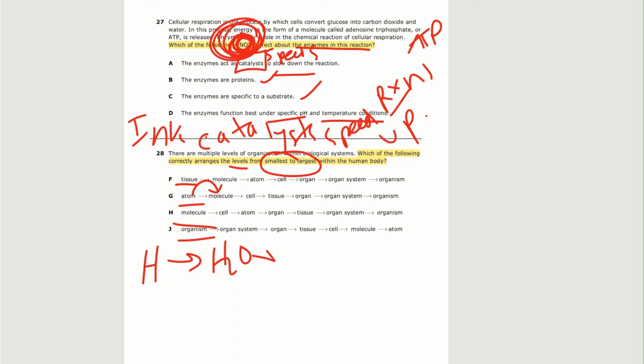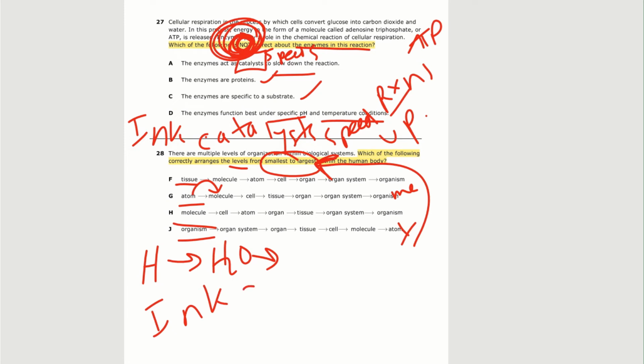And then I can put a cell, and then a lot of cells together make a tissue, and then organs like your heart, and then organ system, and then organism. Yeah, me. That's right. So this one would have been wrong because that goes from largest to smallest. And what does it say up here? That's why you have to underline and circle the question, smallest to largest.